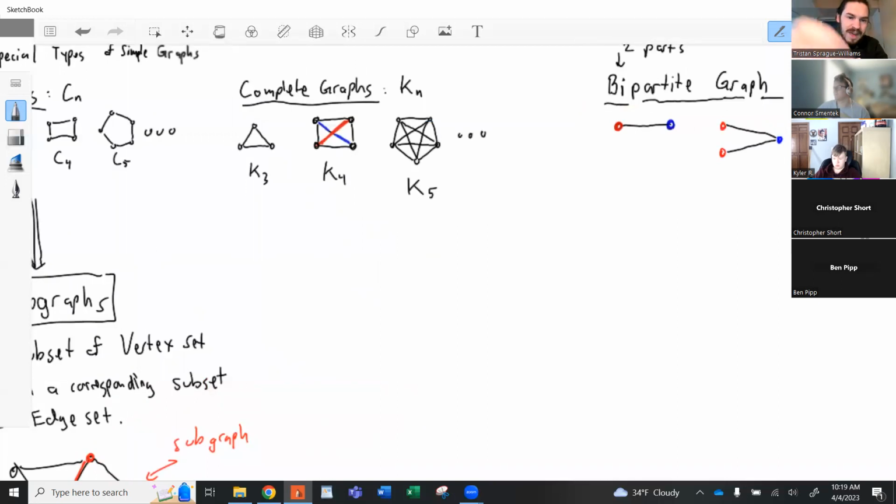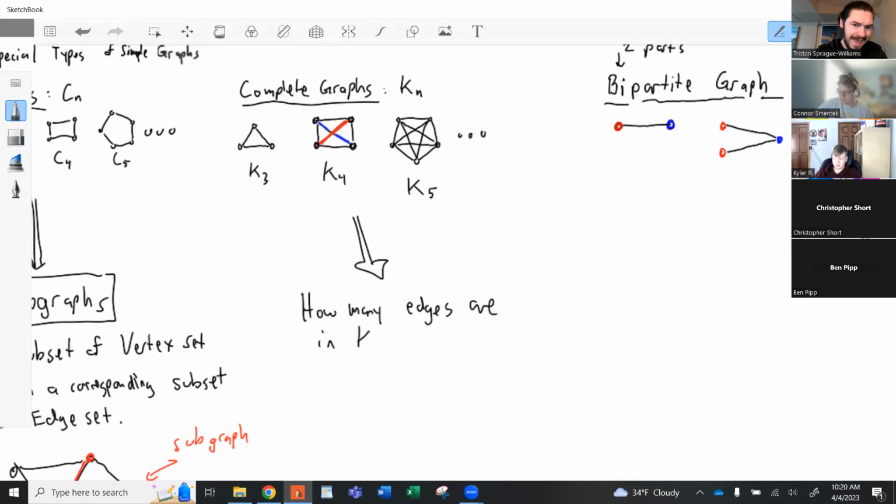Let's talk about complete graphs. Yesterday, you were exploring the question of how many edges are in K_n. And you guessed, let's call this a conjecture, let's use a nice word.